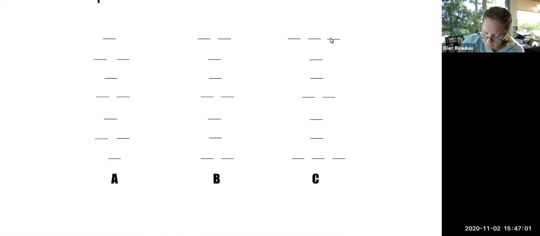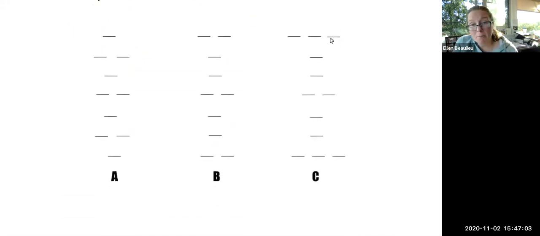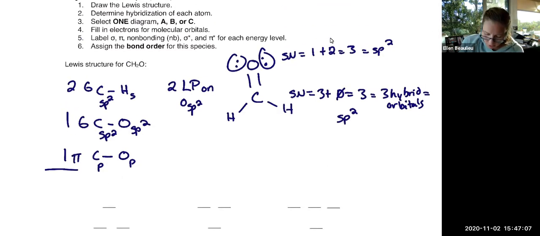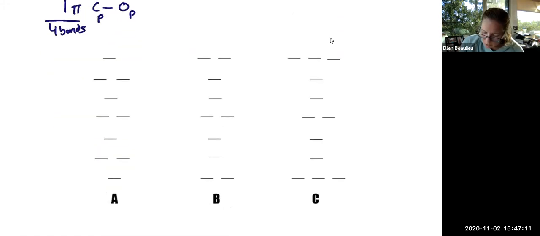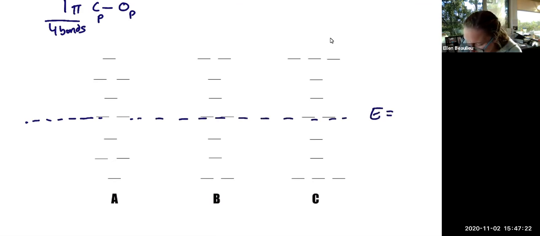So the question was, which of these energy level diagrams could match that molecule? Well, a total of 4 bonds. Well, when I look at these molecules, the middle of any MO diagram is considered to be energy equal to 0.